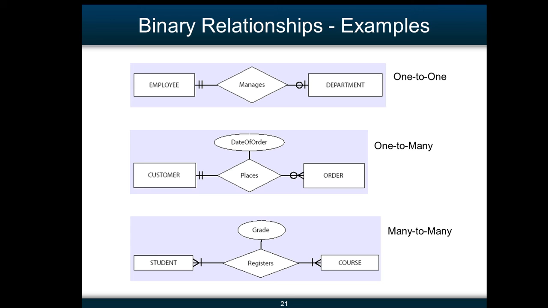And the minimum cardinality is one-to-one. It is not allowed that the student doesn't have a subject, and vice versa. A course should have at least one student. That is why both of them are mandatory.